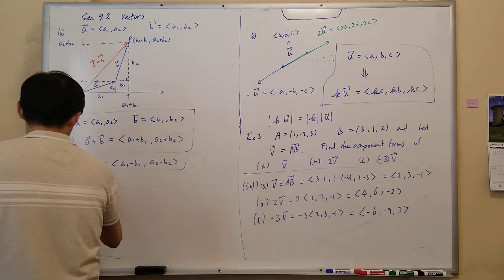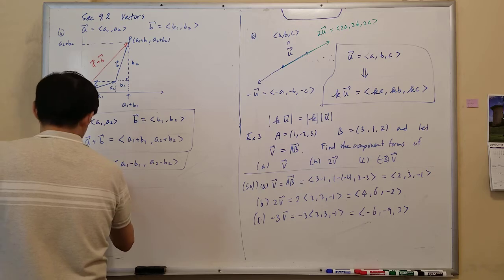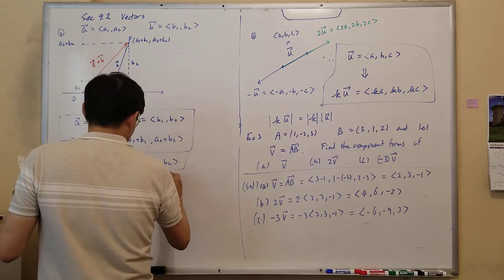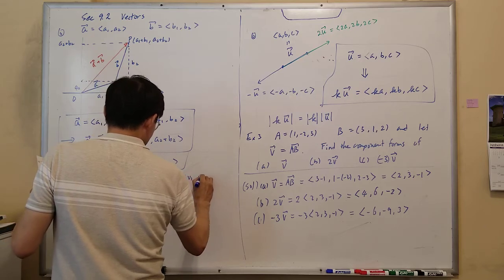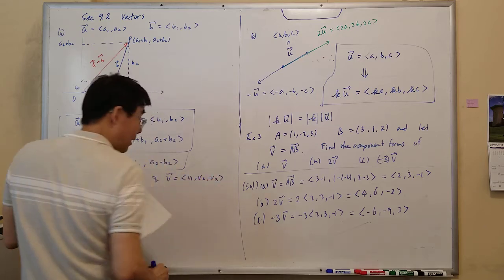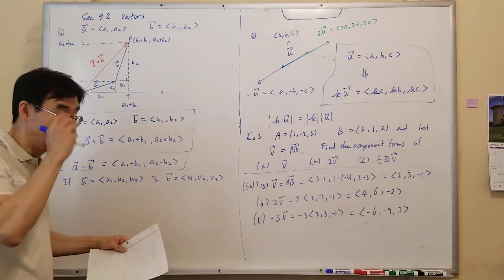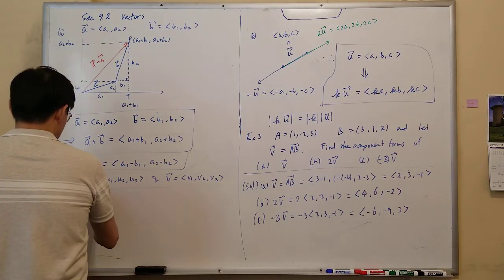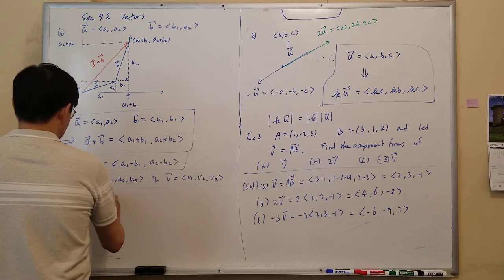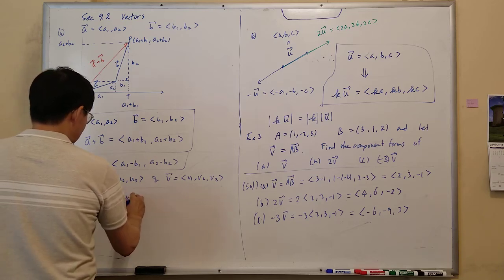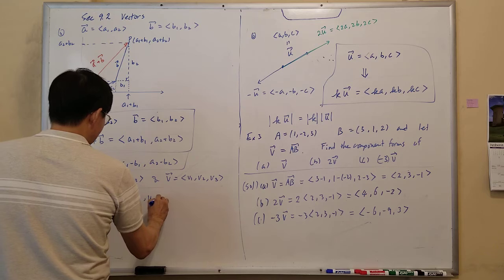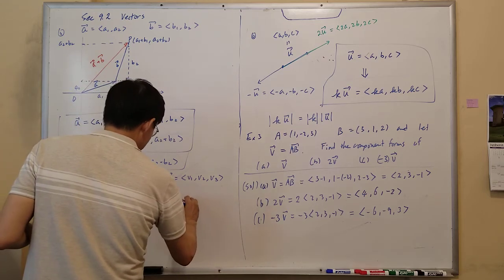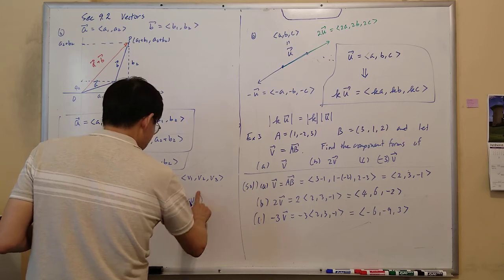If vector U is (U1, U2, U3), and vector V is (V1, V2, V3), three-dimensional vectors given in component form, then U plus V is just adding X components, Y components, and Z components, U3 plus V3.